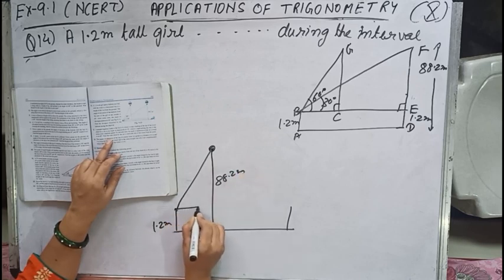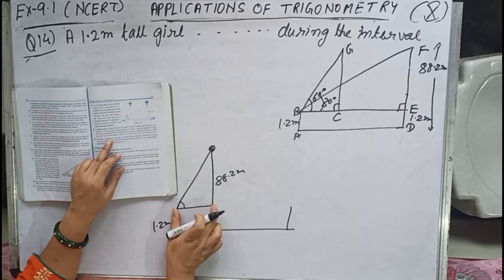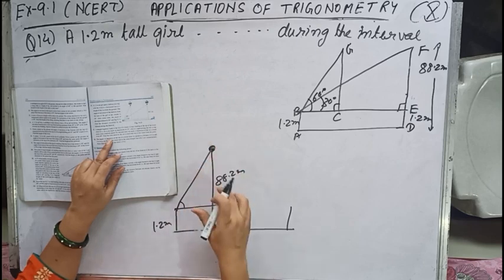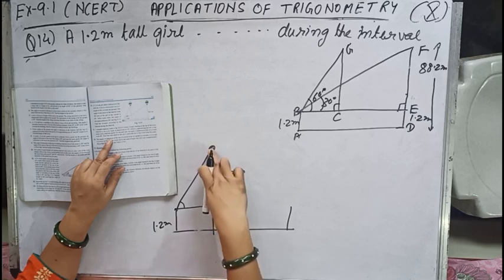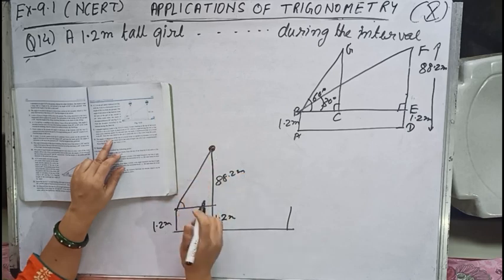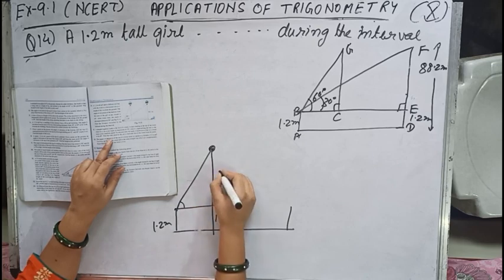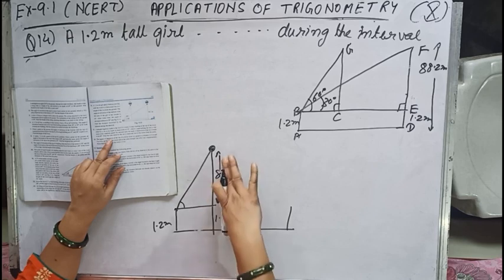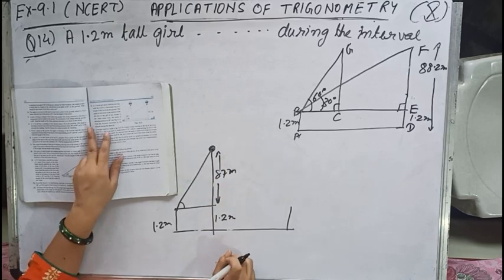So children, the angle of elevation will be counted from here and this height will then be considered. Since this height is 1.2 meter, the height which will be taken as perpendicular in this triangle will equal 88.2 minus 1.2, that is 87. So this height will be 87 meter and the whole height will be 88.2 meter.